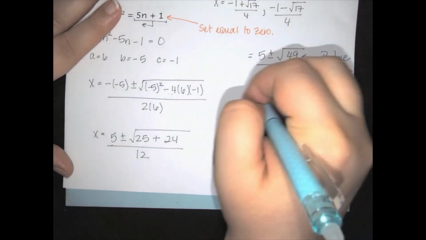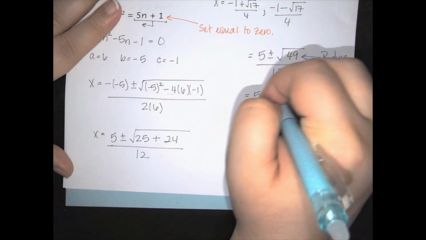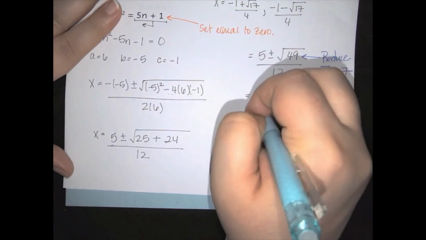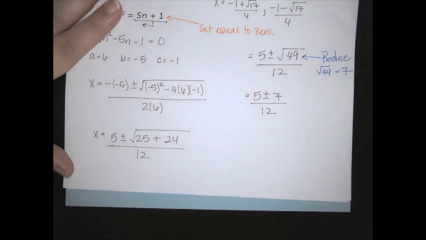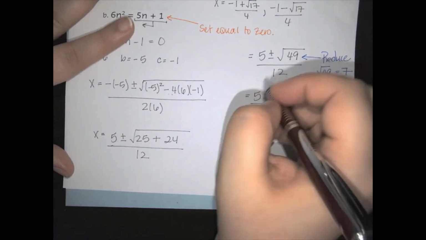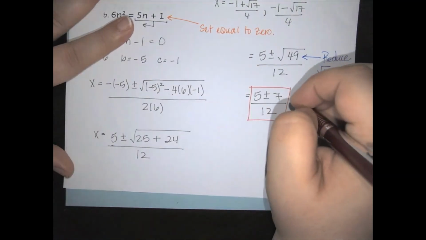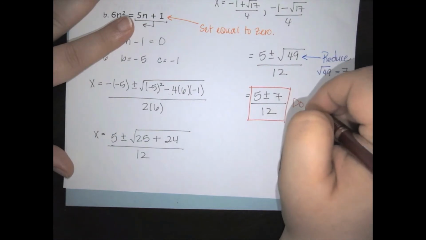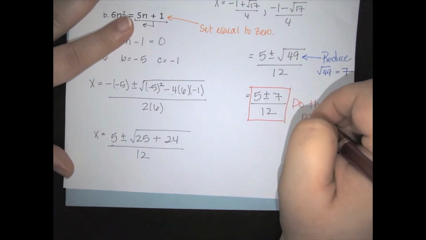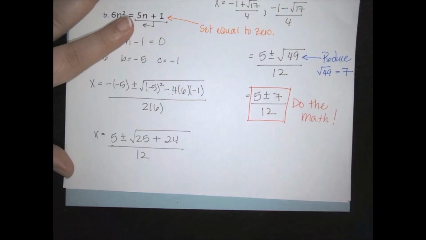So here, this is 5 plus or minus 7 all over 12. Now at this point, we have to take this and we need to do the math. We don't just leave it like this, we have to do the math.